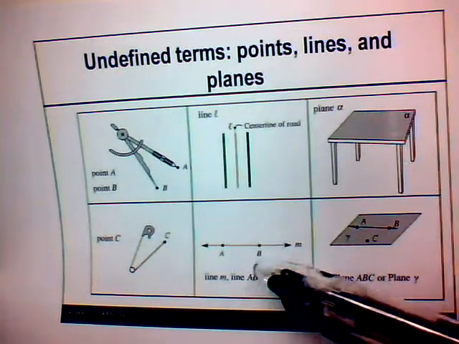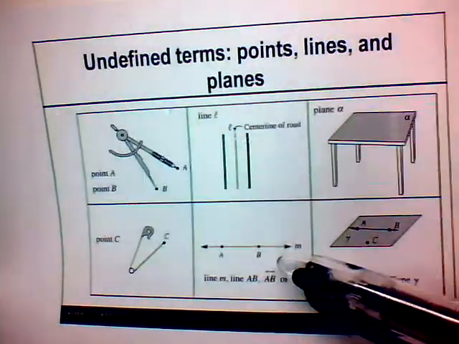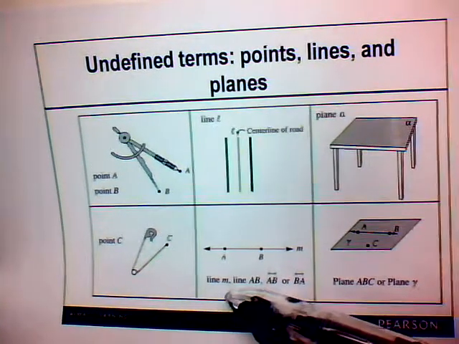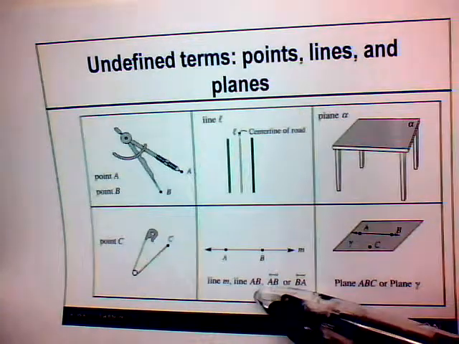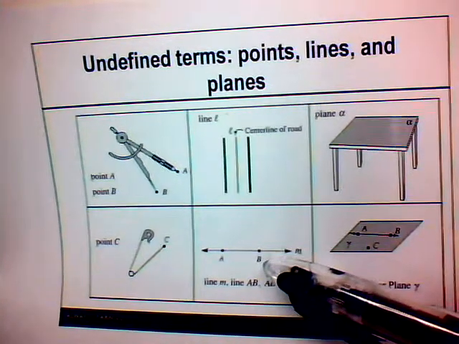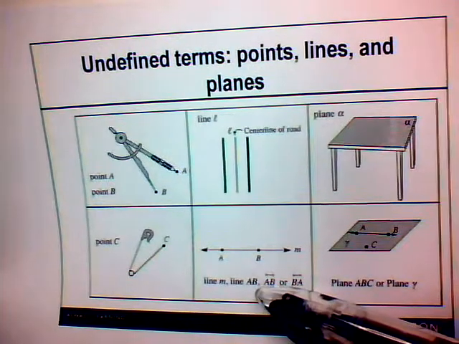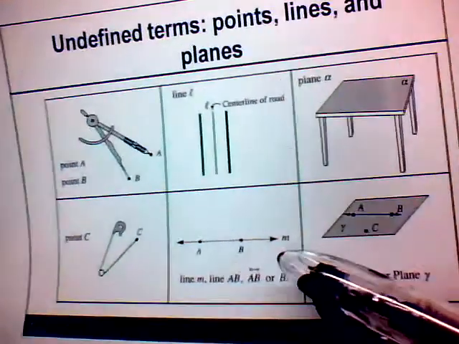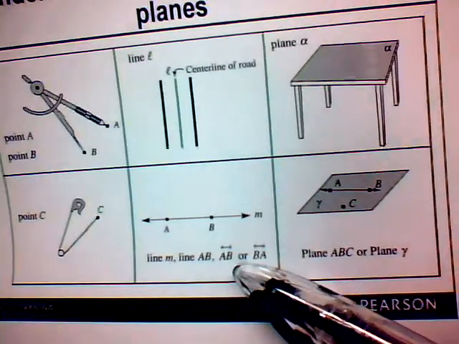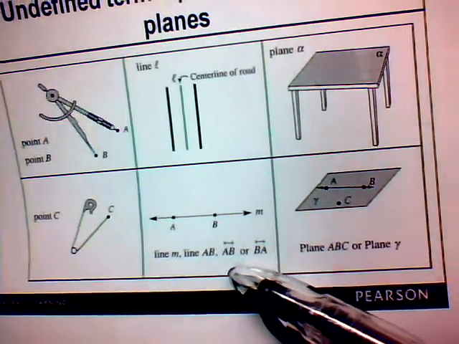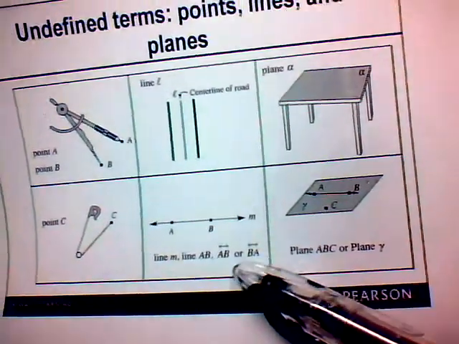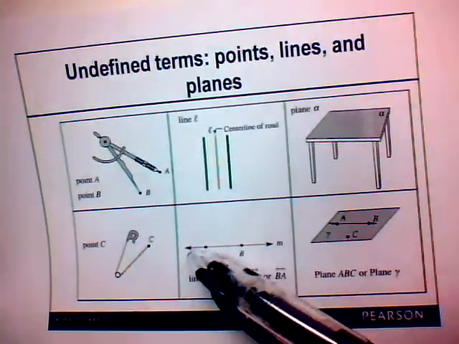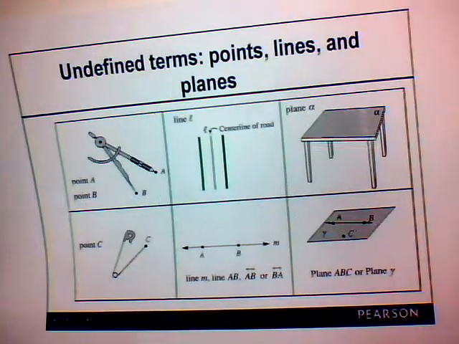And also, if you look down here, the line extends indefinitely, so we can use a lowercase letter with line M. Also, a line can be identified with 2 points, A and B. So we can say line AB. And also we use a symbol for a line, which is, in this case, the line with the 2 arrows and then AB underneath it. Or we can say BA. So we can name this as either line M or line AB or line BA.